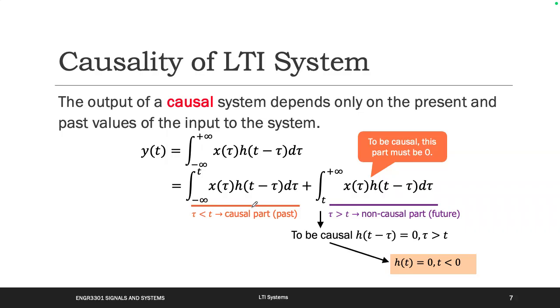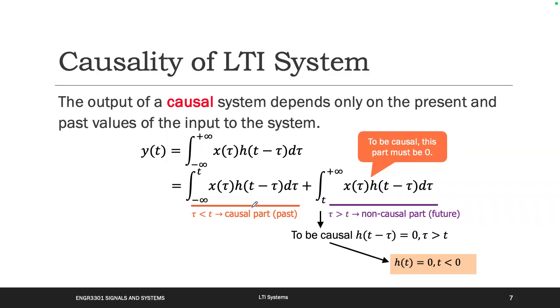We want this system to be causal, which means h(t minus tau) equals 0 when tau is greater than t. Am I right? That makes sense to you. Then we let this part be f, like we just use f to replace this part.